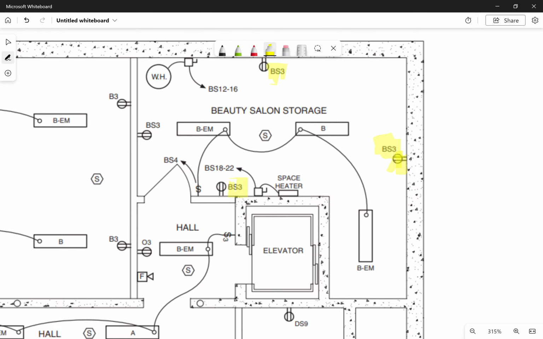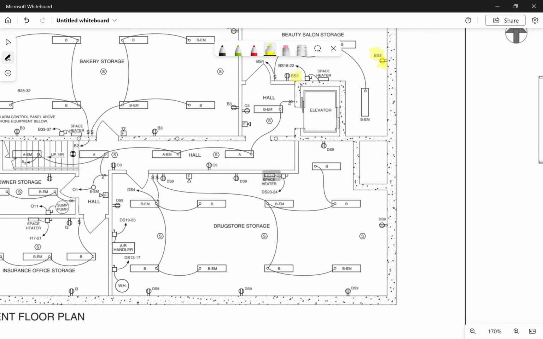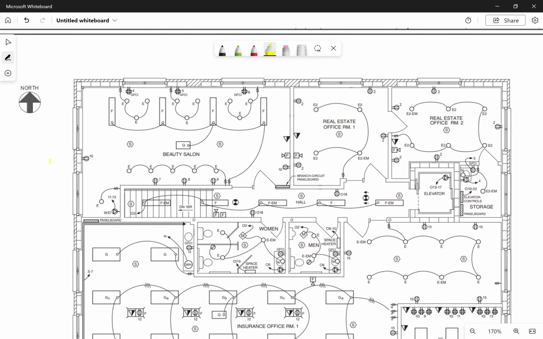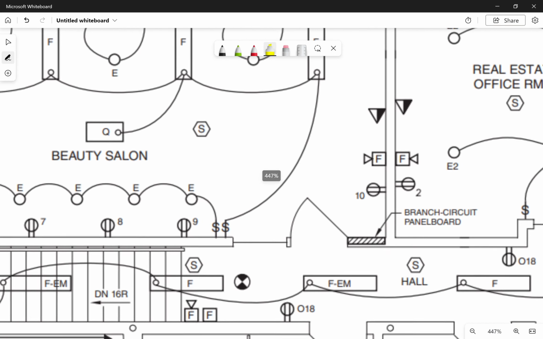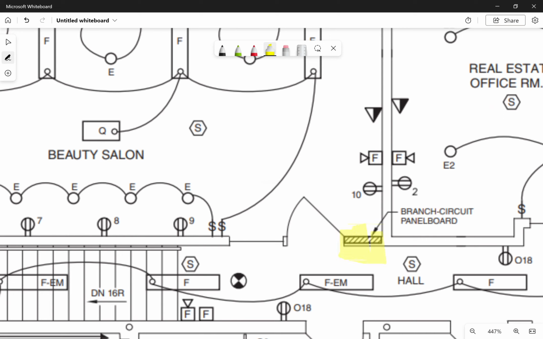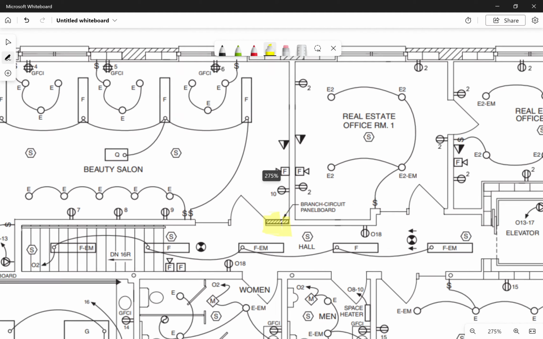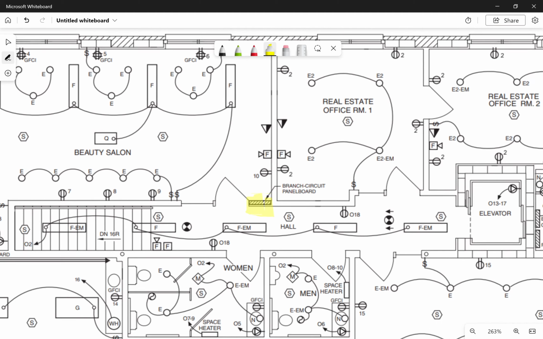So each of these feeds are going to come back up to our beauty salon and into the panel for that beauty salon, so that the storage area is also on the same power grid as the rest of the beauty salon, so that they can be billed for their electricity separately from the other businesses.